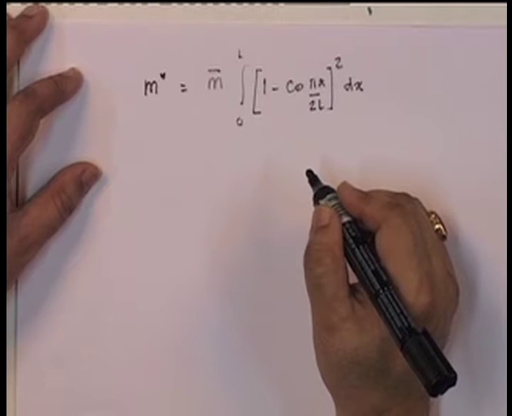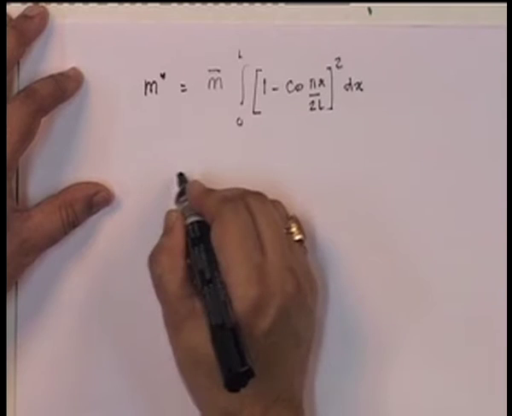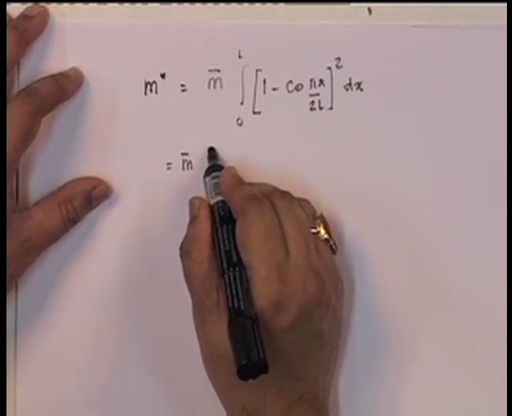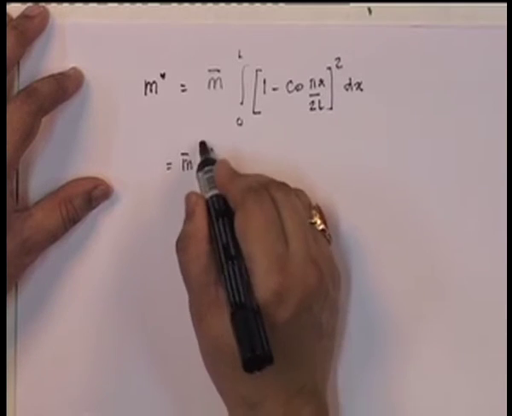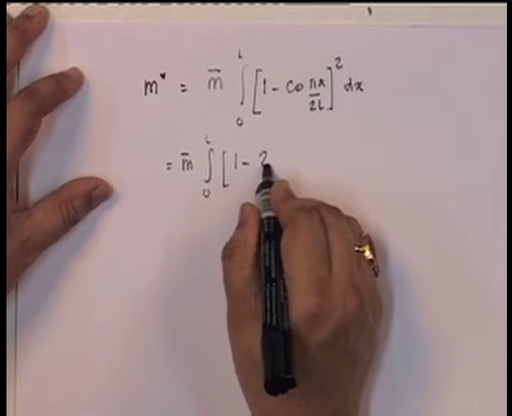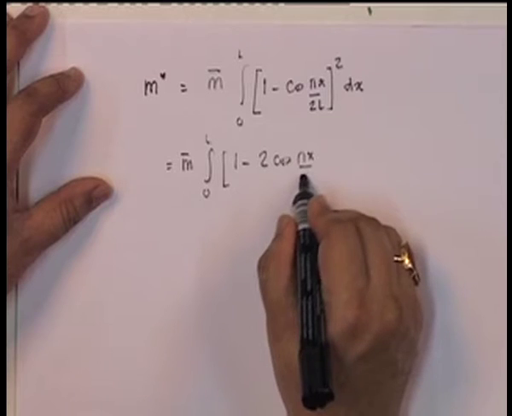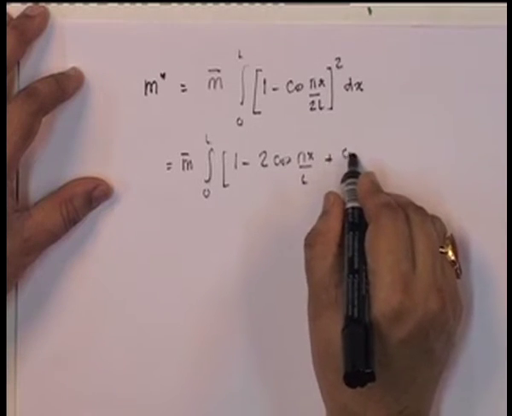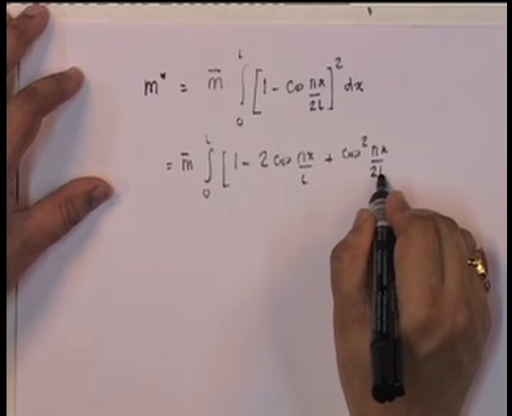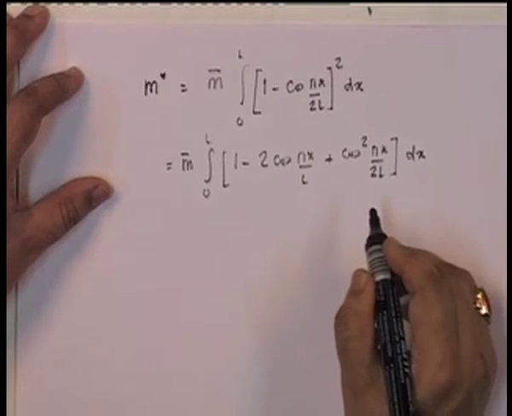So, therefore, what we get is m bar times the integral of 1 minus 2 cosine pi x by 2L plus cosine squared pi x by 2L.